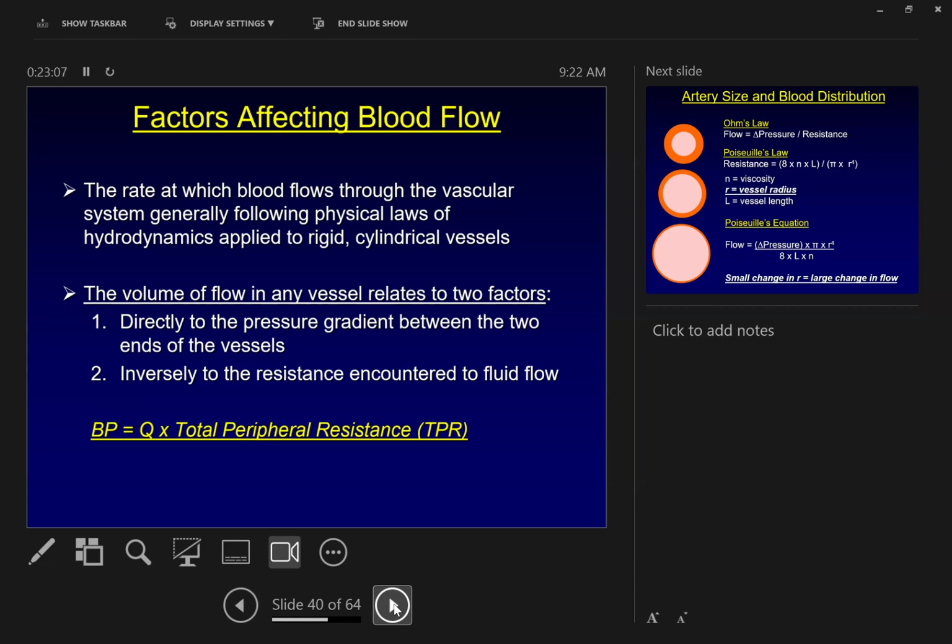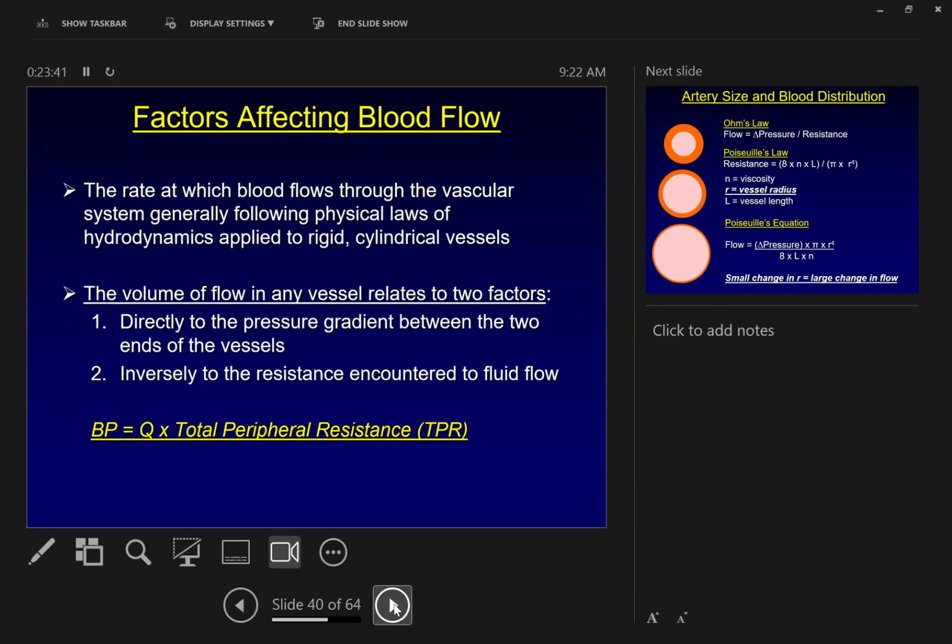And if we change the size of the end on the hose, we alter the resistance to that flow, and then we alter the pressure coming through there, which then leads to the water shooting farther. You squeeze the water through a smaller space, resistance to flow goes up, the pressure goes up, boom, it shoots out farther. Okay? That's the concept of what we're going to do in your body. Okay?